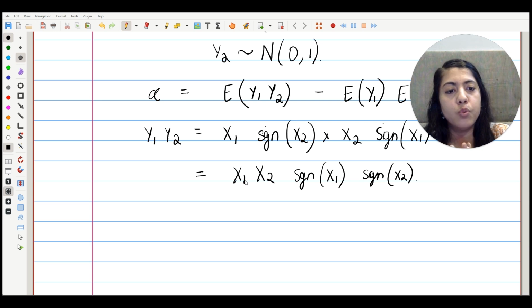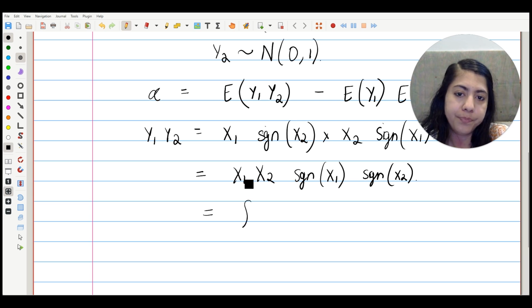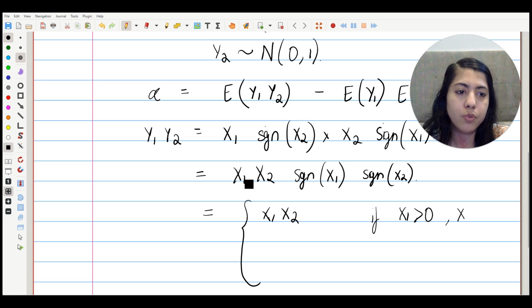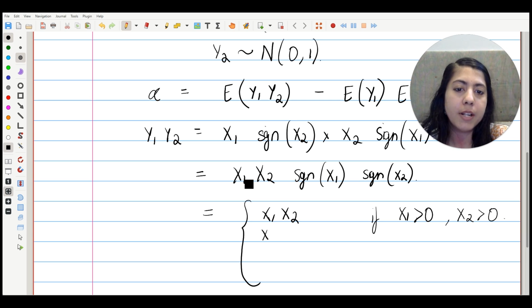If x1 and x2 both are positive, it will be equal to x1, x2. Similarly, when both are negative, -1 times -1 will again give us positive 1.